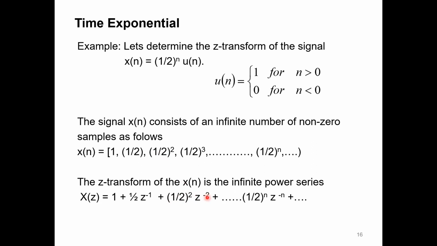So this makes life a lot easier. All of the samples, at their respective values and positions, are multiplied with z to the minus 1 or 2 or 3 or 4, depending on the number of steps they are delayed.